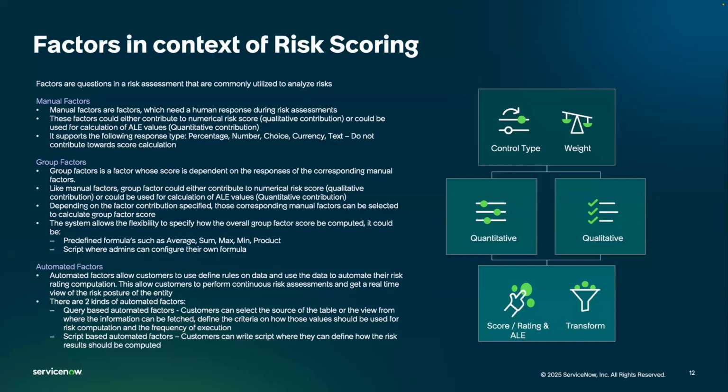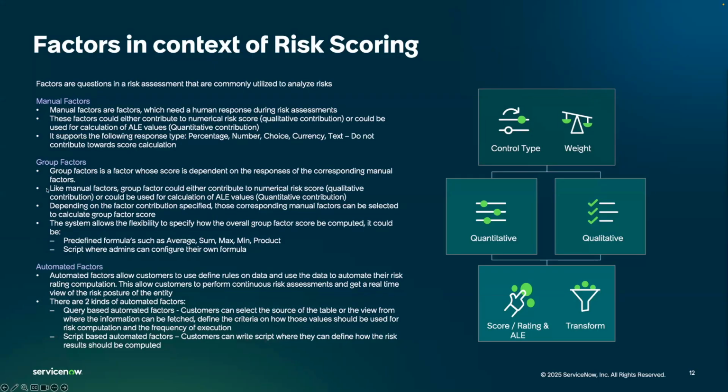They are for context only. Manual factors can contribute qualitatively to produce numeric score results or quantitatively for ALE calculations. Same factor, different contribution paths depending on how your RAM is configured.